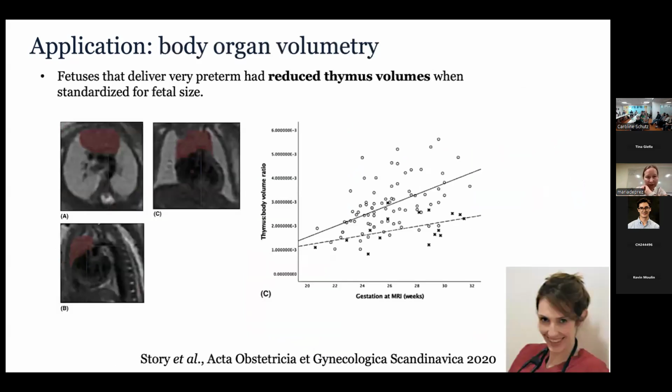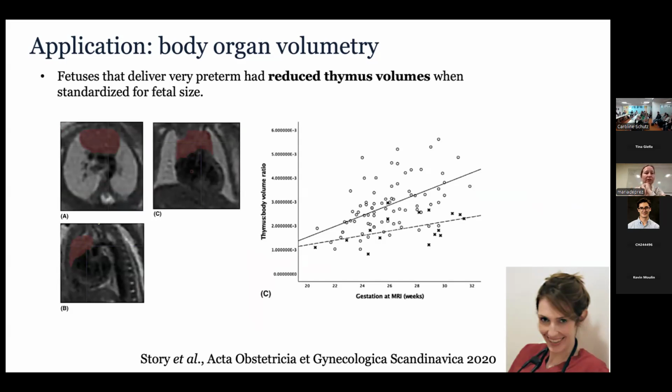And the final application for this part, and I think I'm really overrunning terribly because it's 45 minutes already. It's Lisa's story. She's an obstetrician and she does lots of different studies. In this study, she showed that the thymus has a smaller volume in babies that go on to deliver preterm. So she recruits at-risk fetuses, and some of them go to term, some not.